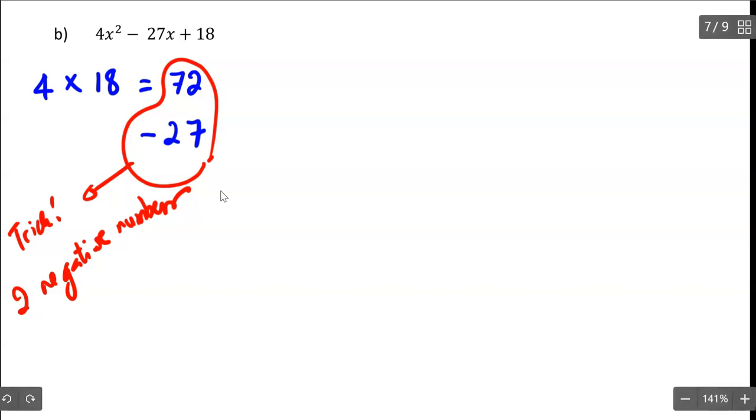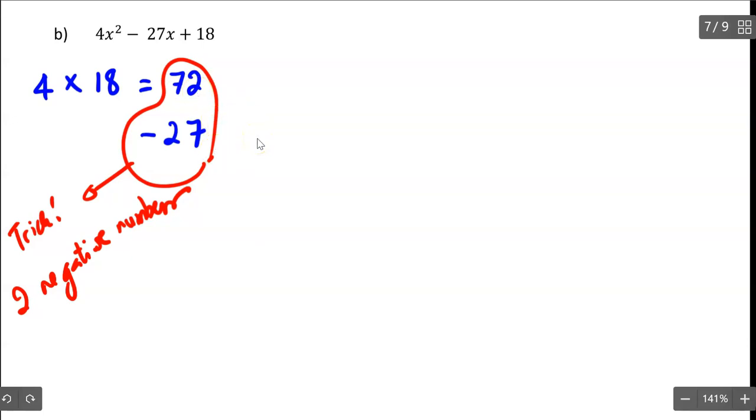So the trick is to try to think of the factors of your number. To get the factors, the first thing is divide by 2, divide by 3, then divide by 4, and eventually you will get there.